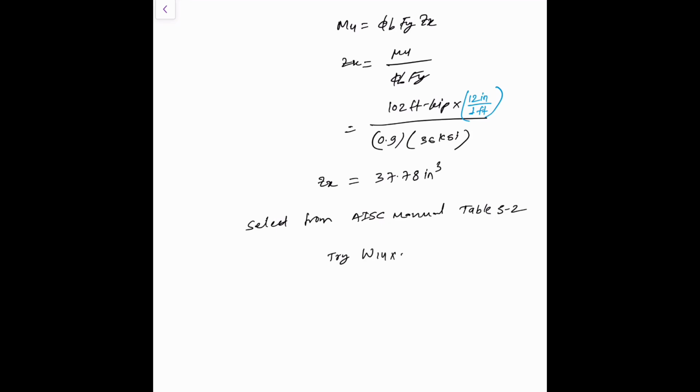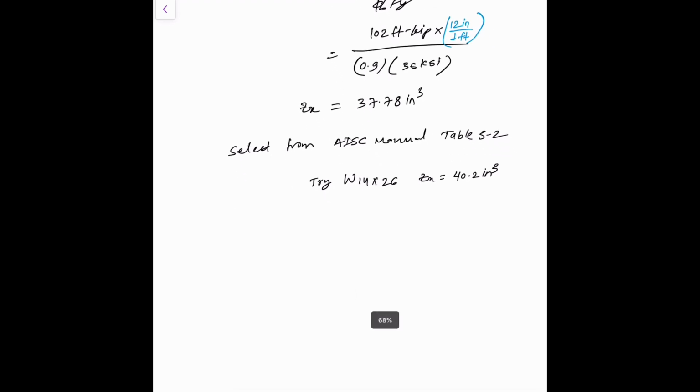Try W14 by 26 with a plastic section modulus of 40.2 inches cubed. This is the more economical section. You can see other sections, W10 by 33, W8 by 40, but the bold W section is the lightest and most economical section.